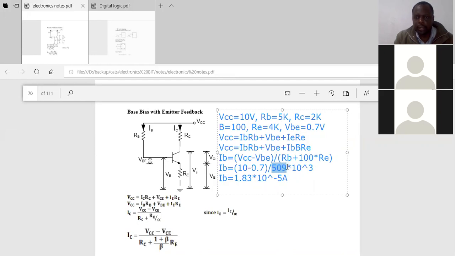It will be 5 plus 100 times 4 times 9 times 10 to the power 3.